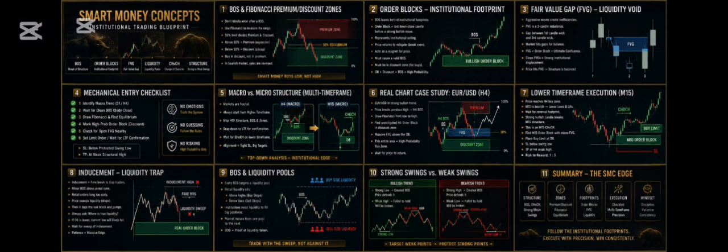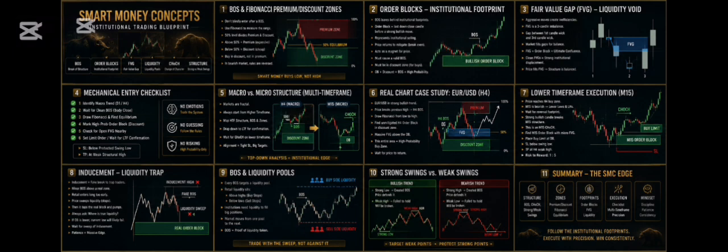The low right above a major zone is almost always liquidity, not structure. Train yourself to wait for the market to sweep this. Waiting for the real structural sweep will skyrocket your performance.